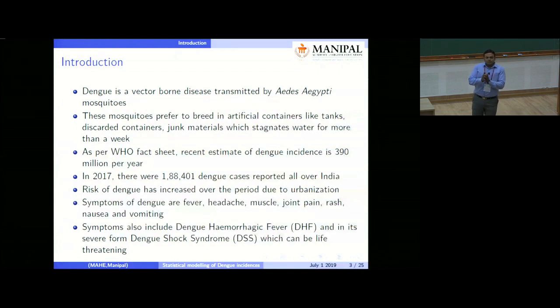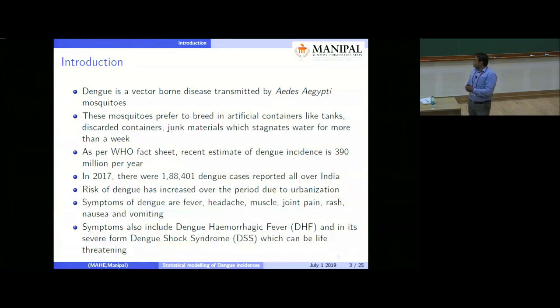The case fatality rate of dengue is very low; dengue does not cause death often. Death occurs in very few cases, but the morbidity of dengue is higher than the mortality.